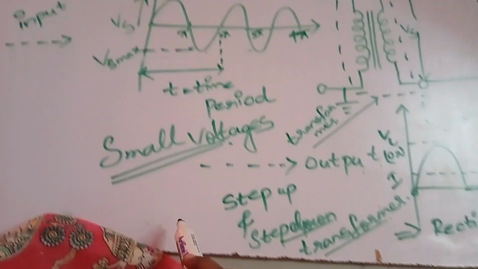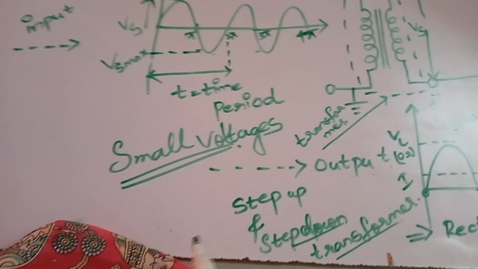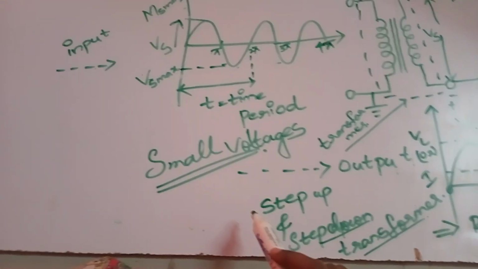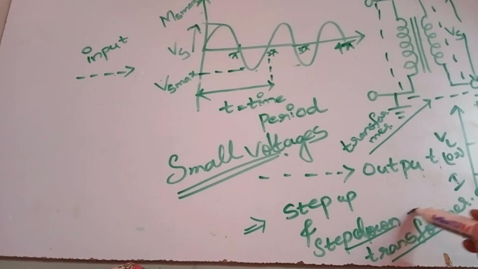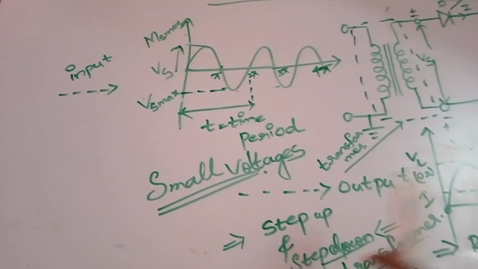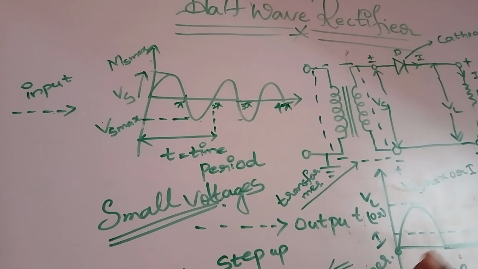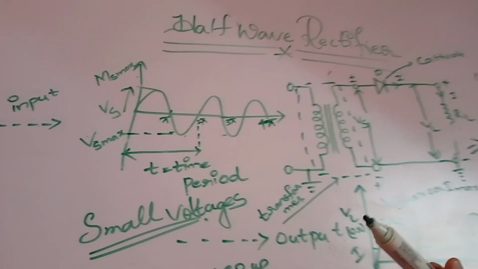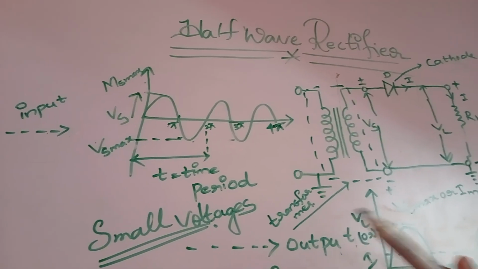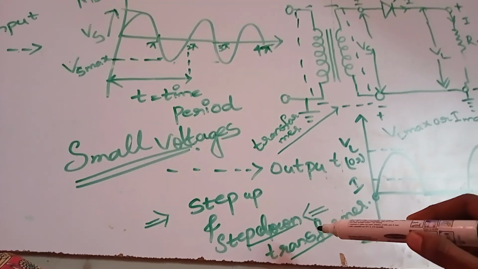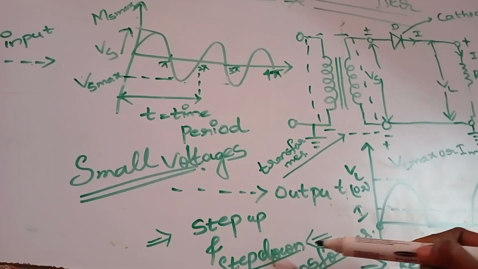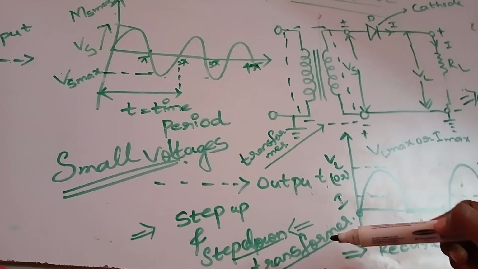What is a step up and what is a step down transformer? A step up transformer will increase the voltage and a step down transformer will decrease the voltage. If you want to increase the voltage, we go for the step up transformer. If we need a step down transformer, it means we have to decrease the voltage.